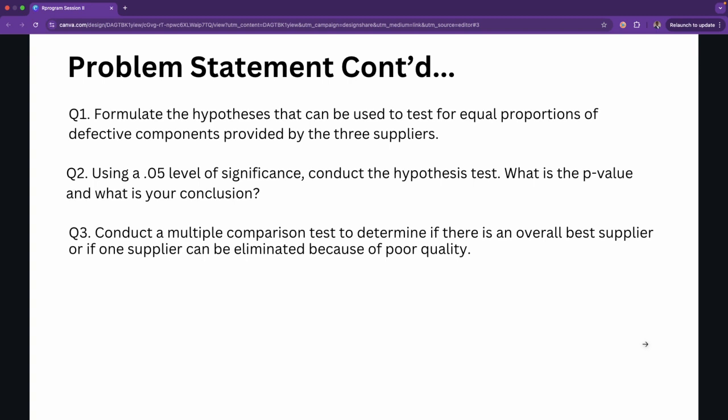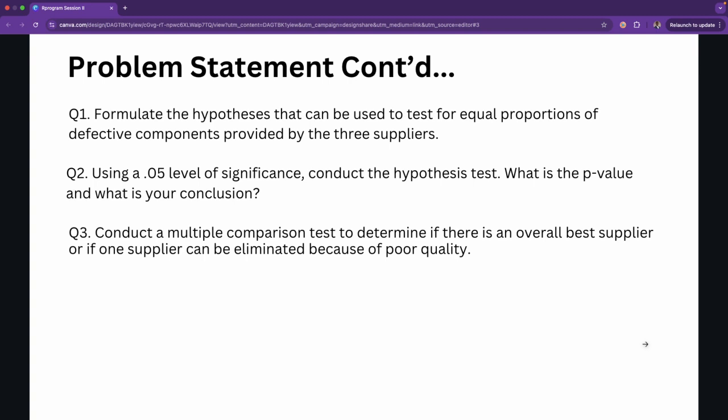The second question is to conduct the hypothesis testing, get our p-value, and come up with our conclusion. And then finally, we have to conduct a multiple comparison test between those suppliers to find out which ones are good, which ones are bad, to determine if there's an overall best supplier or if one supplier can be eliminated because of poor quality, right?